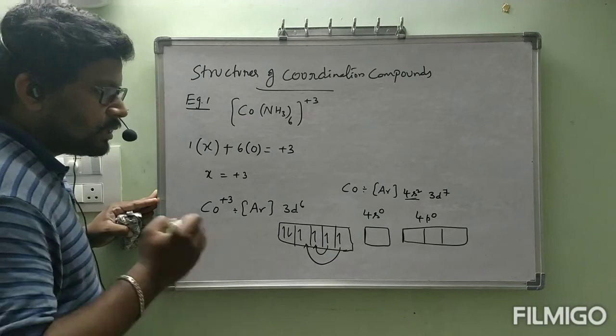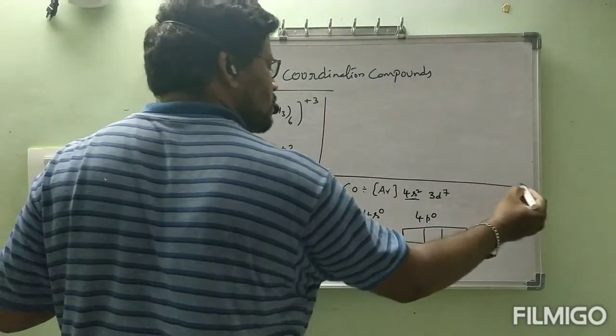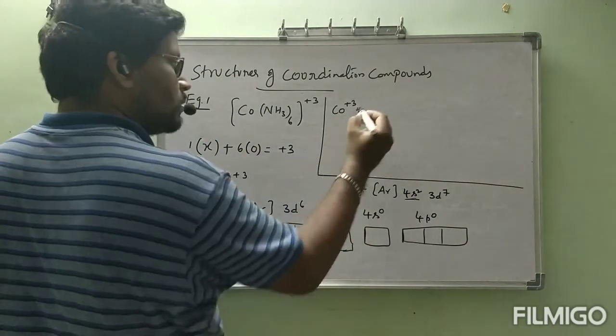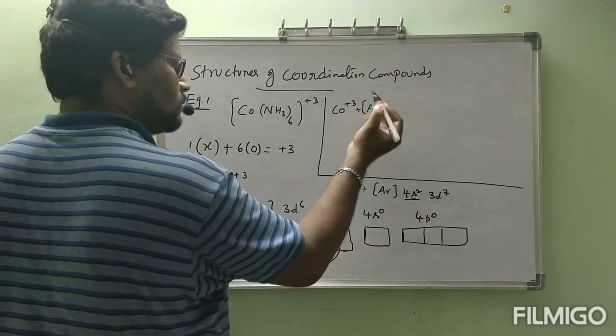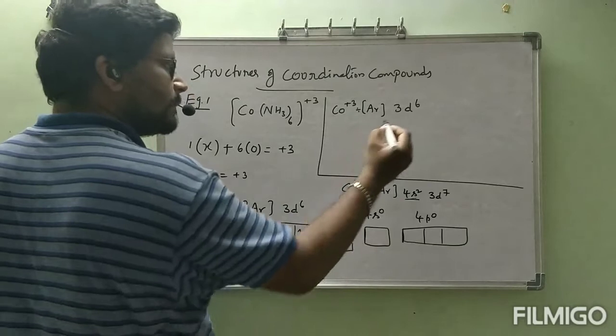Then the configuration becomes Co3+, argon 3d6.